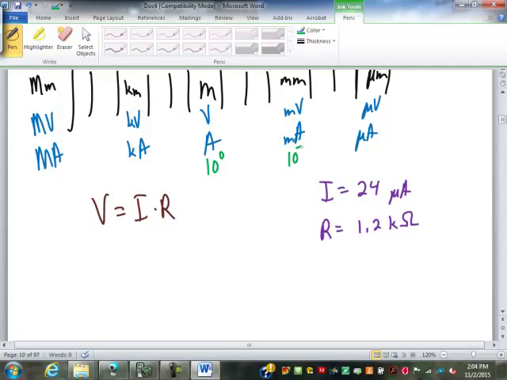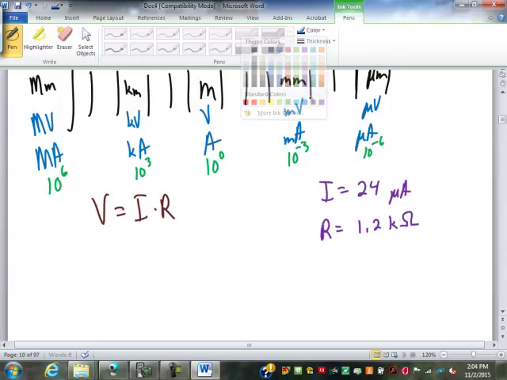Milli is 10 to the negative 3. Micro is 10 to the negative 6. Kilo, 1,000, is 10 to the 3rd. Mega, 1,000,000, is 10 to the 6th. You can see the powers of the 10 are all divisible by 3. So metric prefixes are really nothing more than engineering notation.